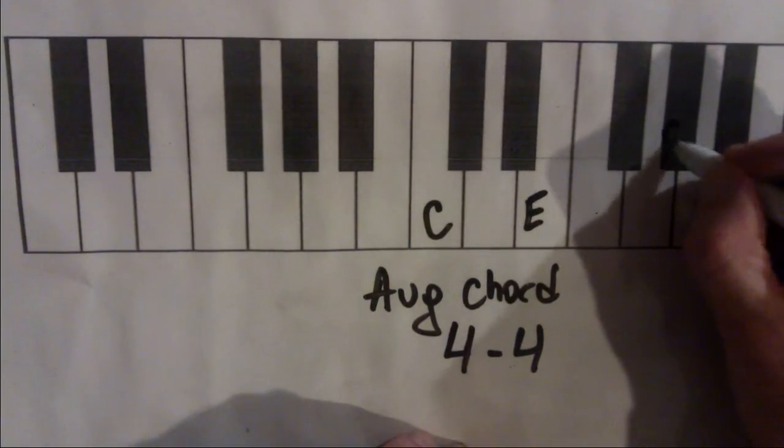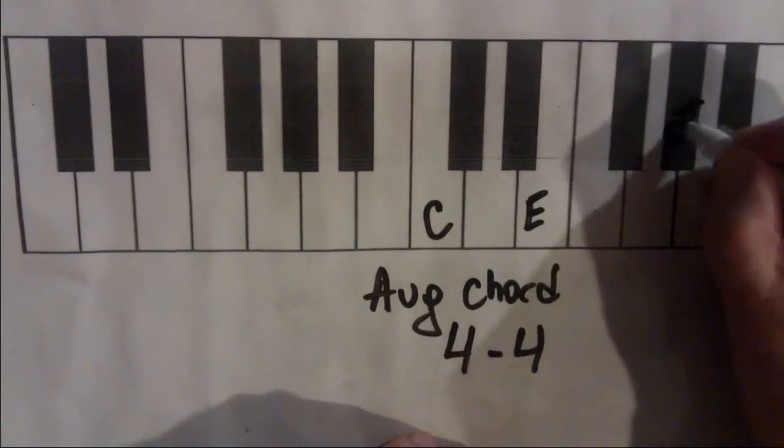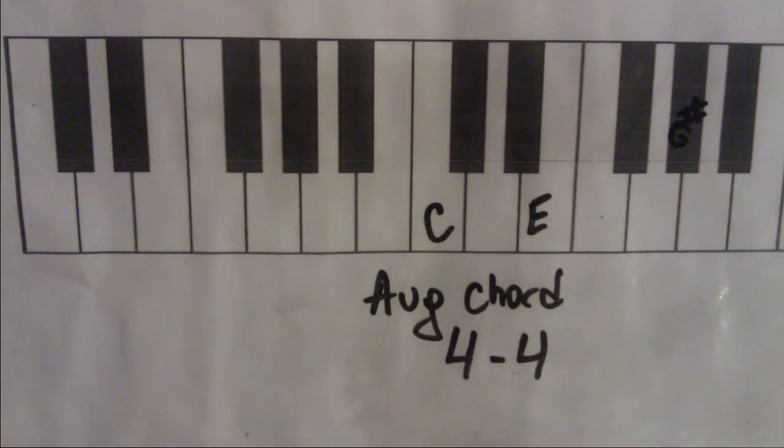Oops, this is going to be a G sharp. See how it's going to sound. It's going to sound like this. Okay, so let's compare the sounds of the major, the minor, the diminished with the augmented.